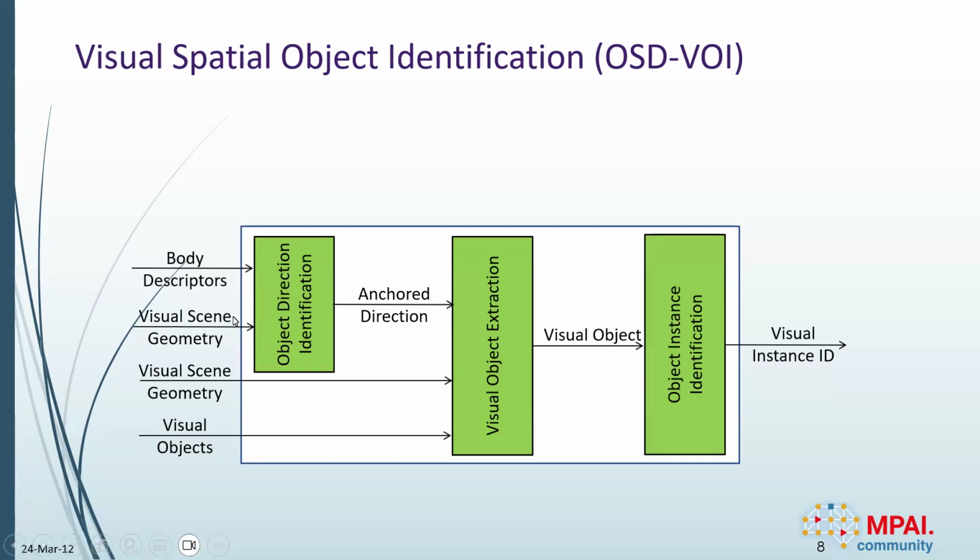So then, in order to be able to understand the direction, it needs the visual scene geometry. So it needs to know where the finger is and where the objects are. And so this AIM here is able to identify the direction and produces the direction that it is used by this to understand which object is actually meant. And finally, this AI module here will say, oh, you meant that one, and that is a hammer.